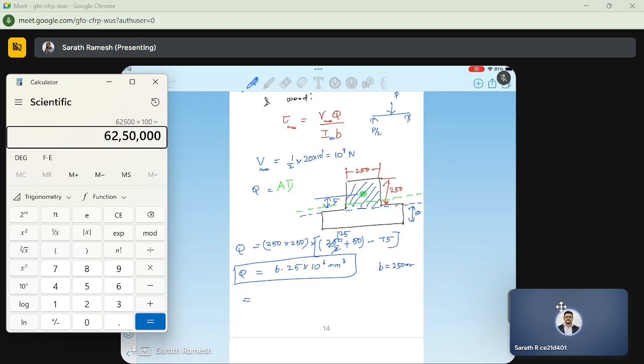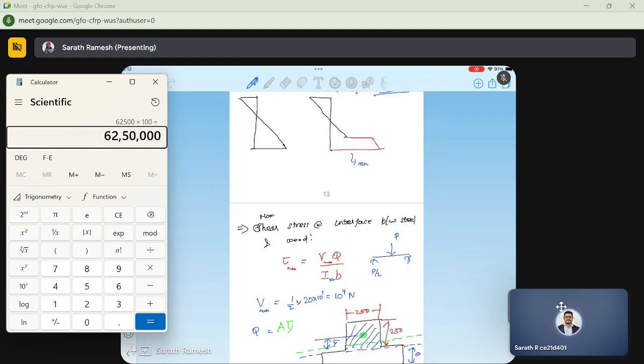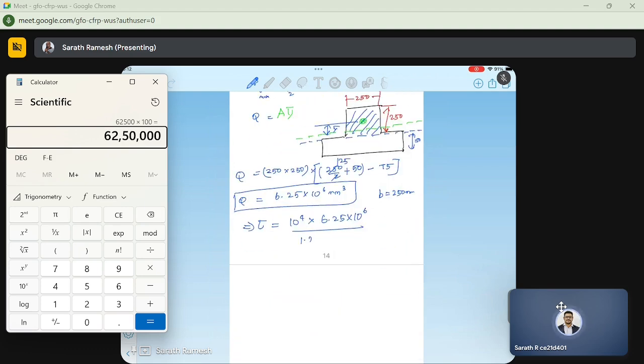Now tau will be 10 power 4 into 6.25 into 10 power 6, divided by I, which was 1.289 into 10 power 9, times B, which was 250. 10 power 6 times 10 power 4 is 10 power 10, over 10 power 9, so there will be one more 10 above.